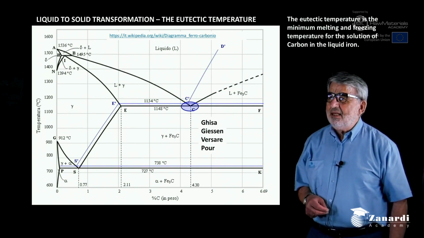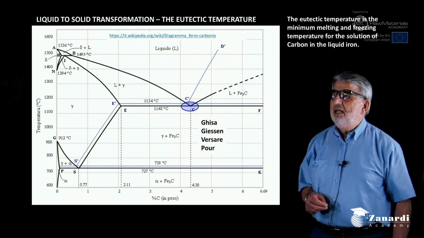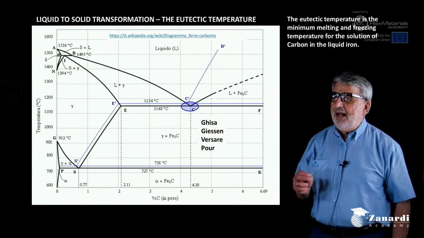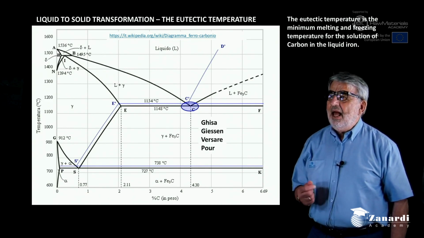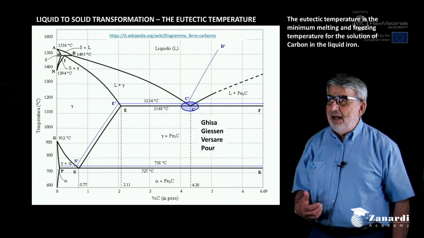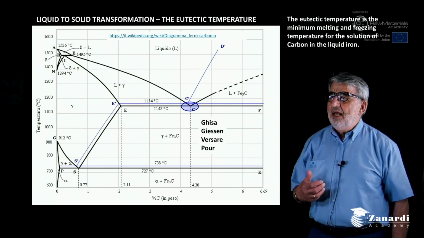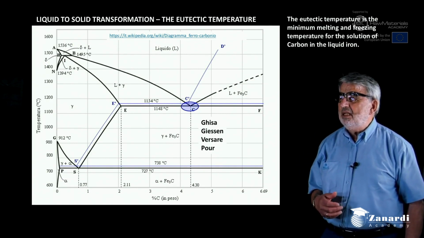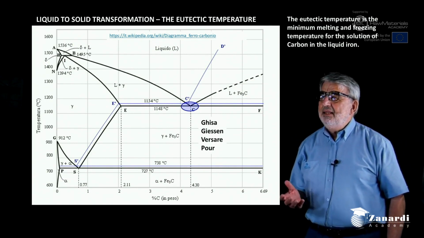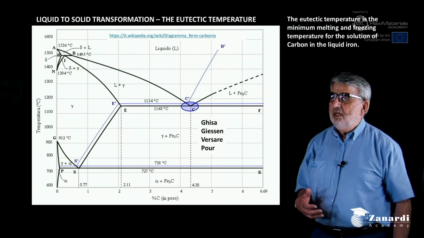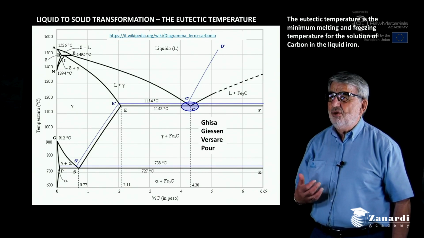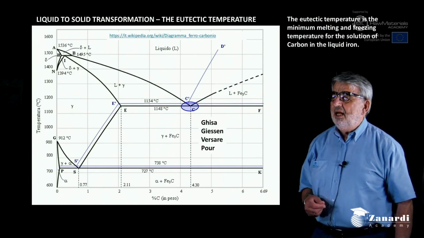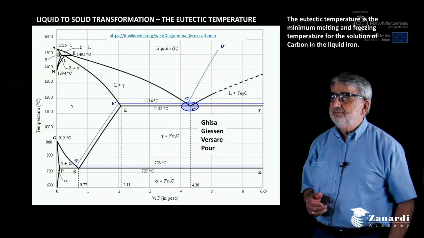So this makes this material, iron with carbon, easy to be melted at a much lower temperature compared with pure iron. And this makes advantages in processing and advantages in solidification behavior.